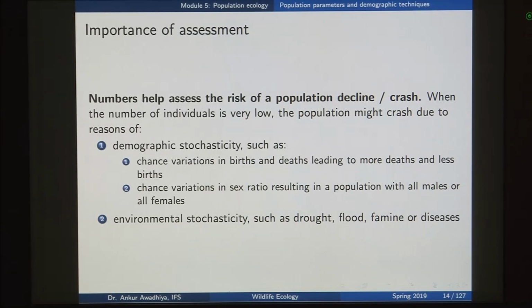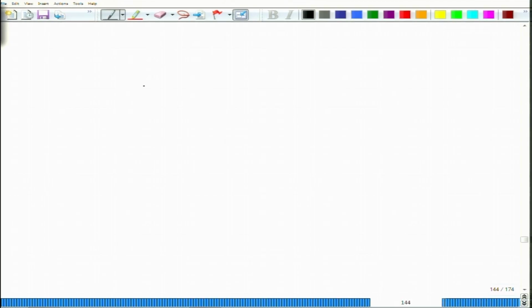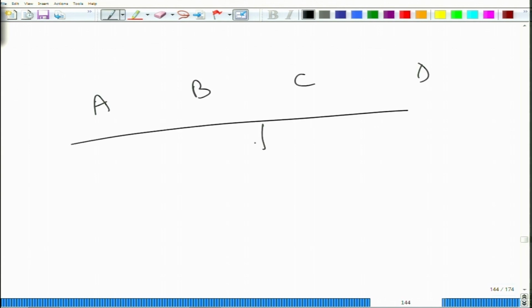So, if you have 4 males in an area, the population is not going to increase any further. With the death of these 4 individuals, the whole population would collapse down to 0. To avoid such a scenario, you need to assess the probability that if you have a lone female in your area, or very few individuals, all the offspring turn out to be males.